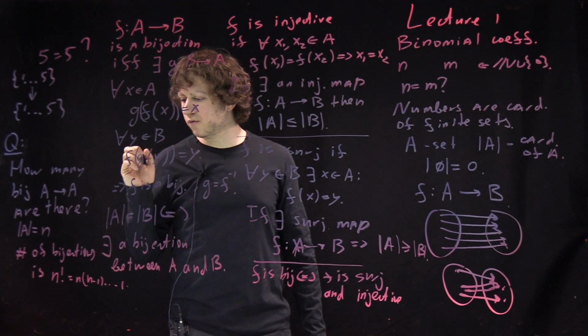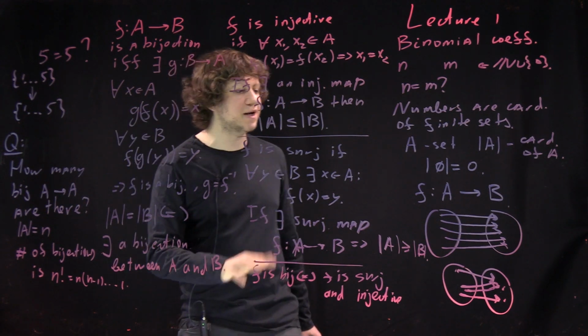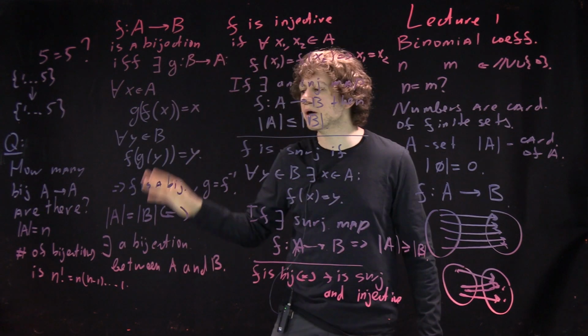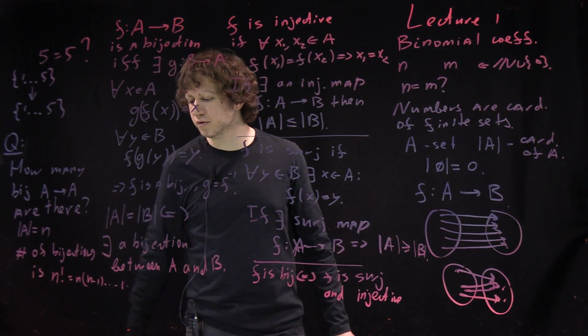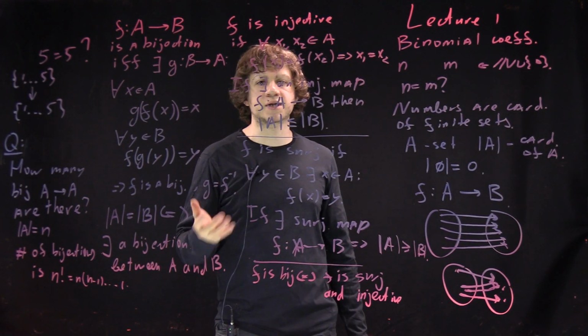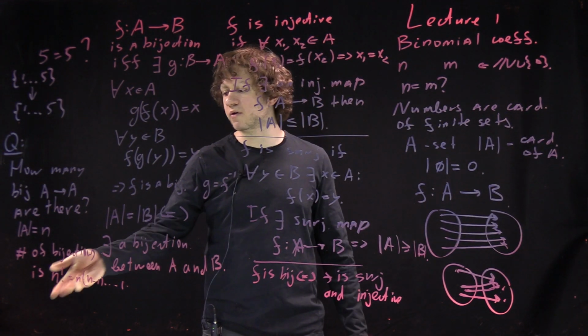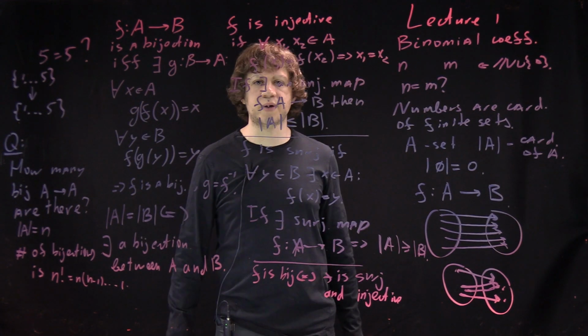So for that, of course, we need immediately to go to a completely different area of math. We need to leave all this elementary set theory and use some analysis or something, because otherwise, how would you approach this problem? So I'm going to talk for the next several minutes about how we can give a very rough estimate of n factorial, and then we will start talking about binomial coefficients.